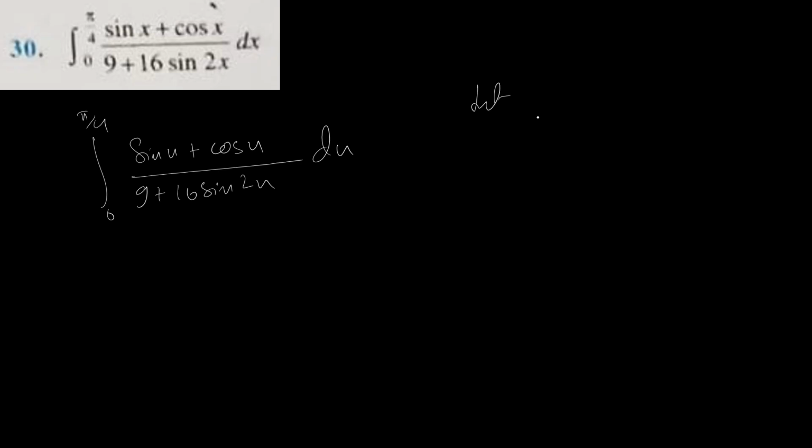So this is the integral from 0 to pi by 4 of sin x plus cos x divided by 9 plus 16 sin 2x, dx. So here what I will do is let t equal sin x minus cos x. Remember, dt by dx: the derivative of sin x is cos x, and the derivative of minus cos x is sin x.